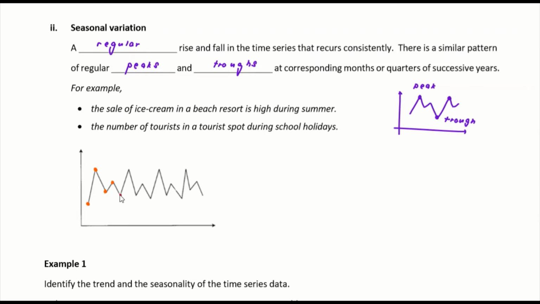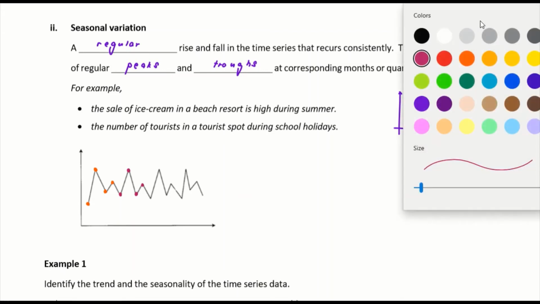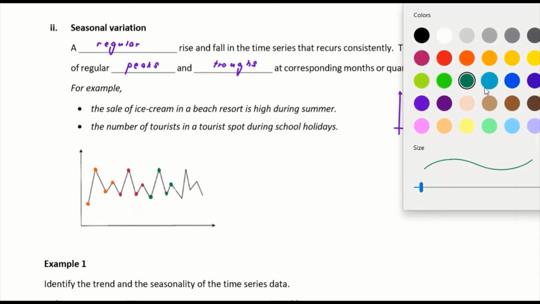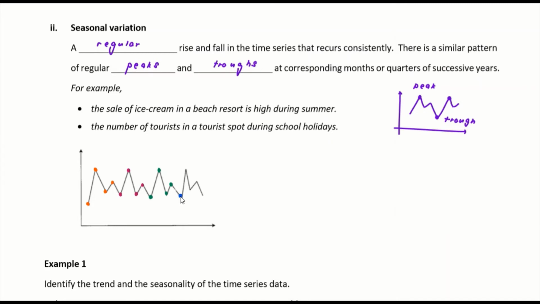You can see 1, 2, 3, 4, which is the same pattern: increase a lot, decrease a lot, then increase a bit, decrease a bit. Same thing again: increase a lot, decrease a lot, increase a bit, then decrease a bit. Then when you continue, you'll realize that it's the same thing, 2, 3, 4, and then again 1, 2, 3, 4.